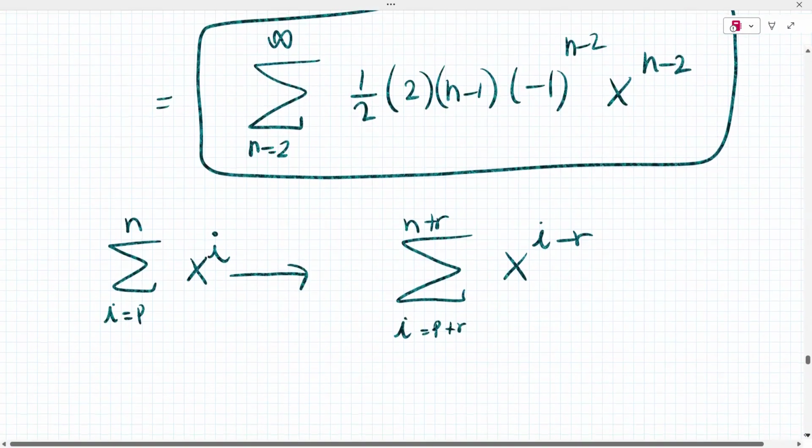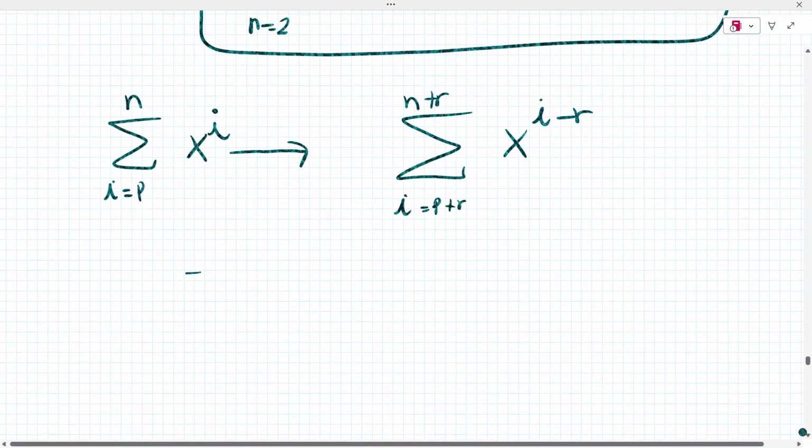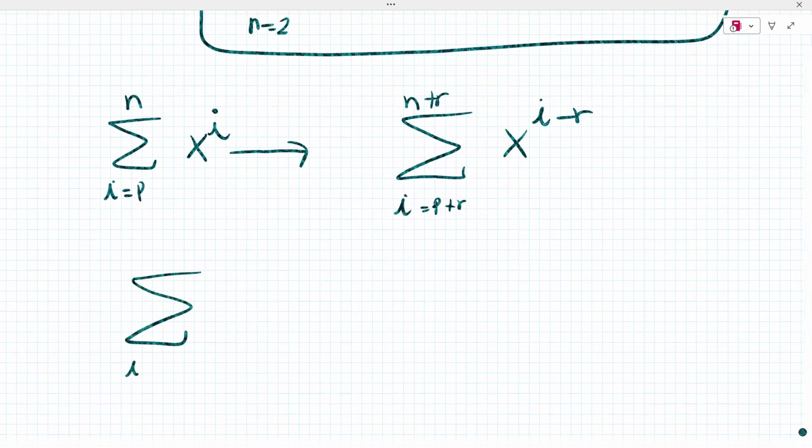And this is going to give you the summation of i equals p minus r of a sub i plus r, x to the i plus r.